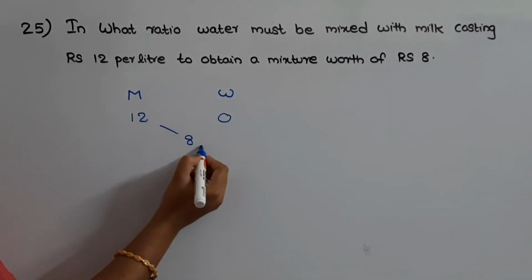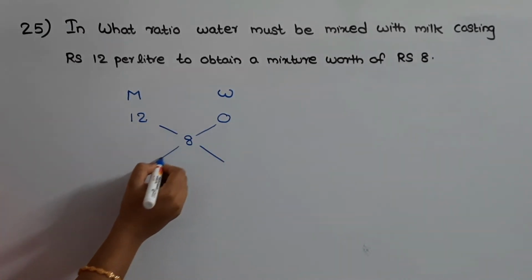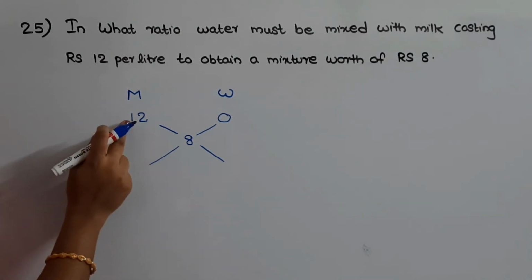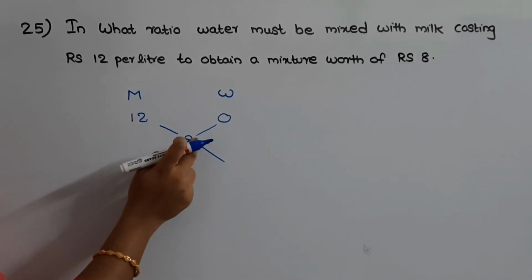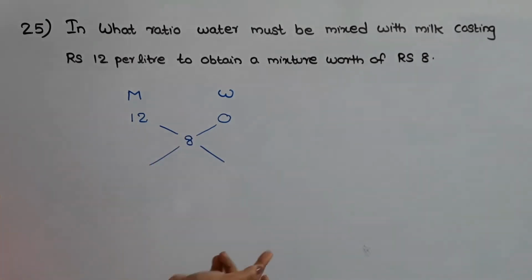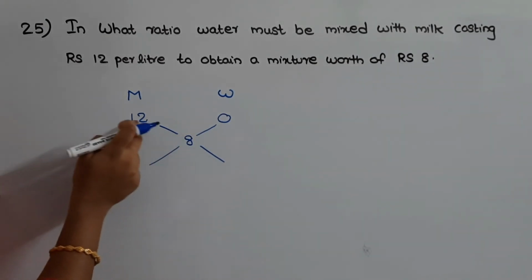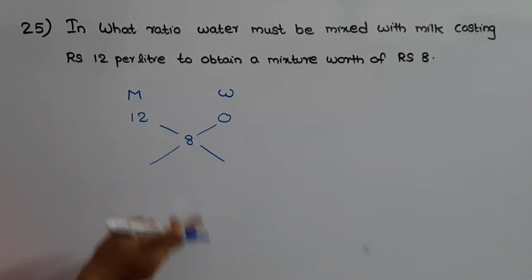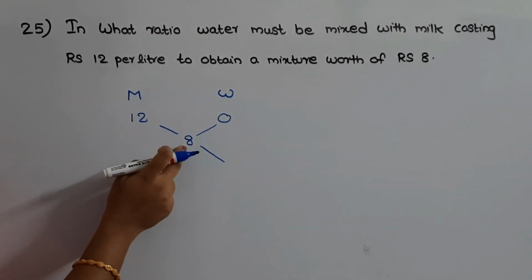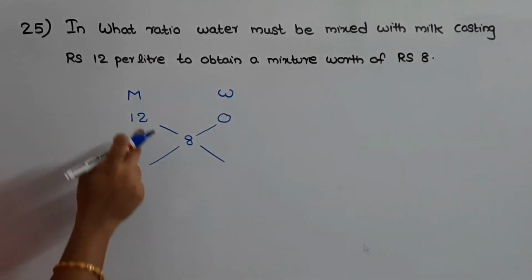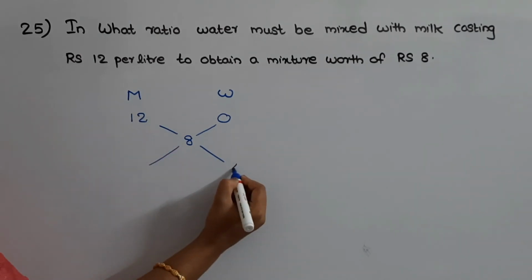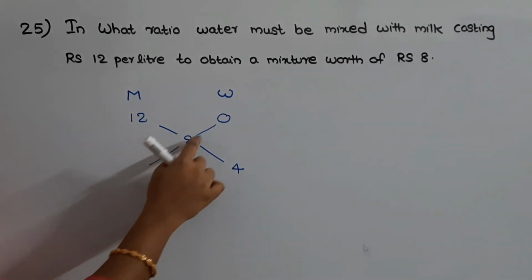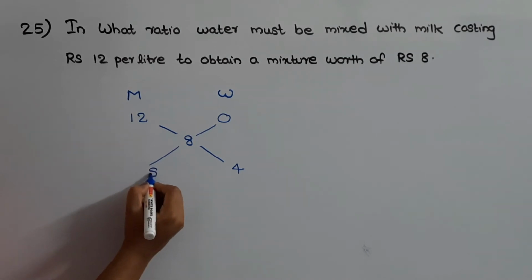Now we need to subtract diagonally. So either you can do 12 minus 8 and 8 minus 0, or you can do 8 minus 12 and 0 minus 8. So I am doing 12 minus 8 and 8 minus 0. 12 minus 8 is 4, that we need to write down here. Then 8 minus 0 is 8, that I am writing here.